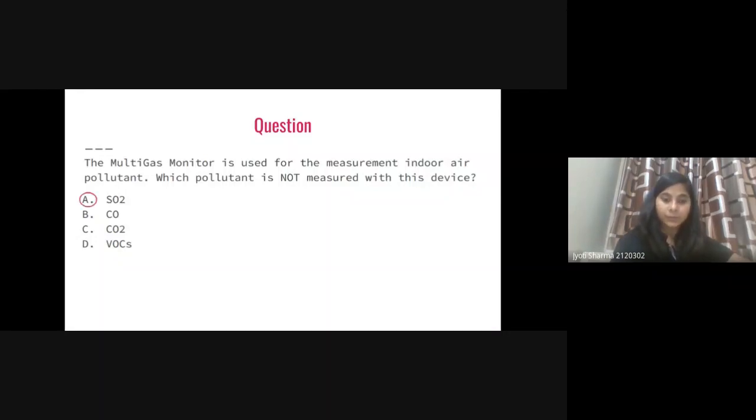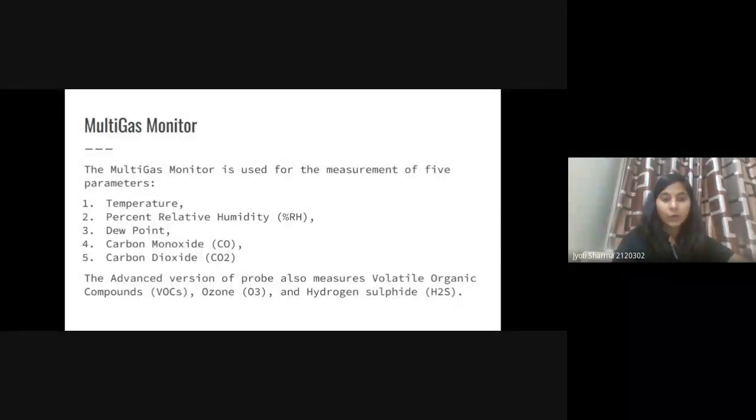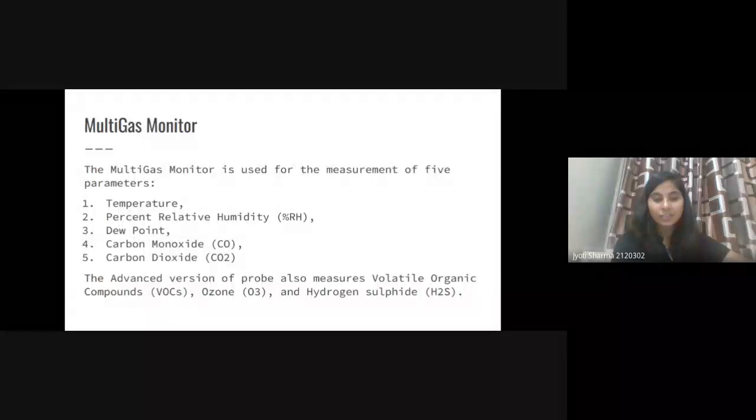Initially, the multi-gas monitor used to measure only five parameters: temperature, relative humidity, dew point, carbon monoxide, and carbon dioxide. But we do have different sensors that we can have right now in our multi-gas monitor that can also measure the VOCs, ozone, and even hydrogen sulfide, that is H2S.